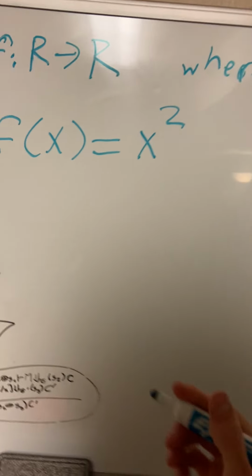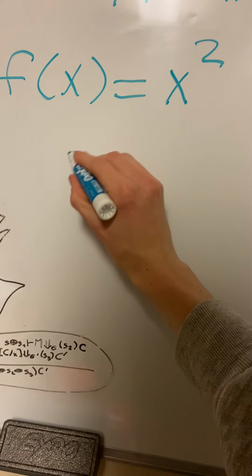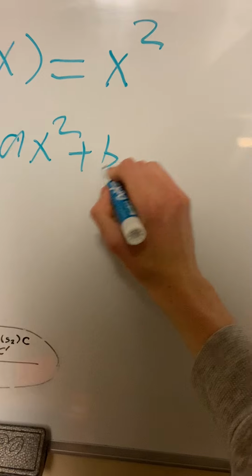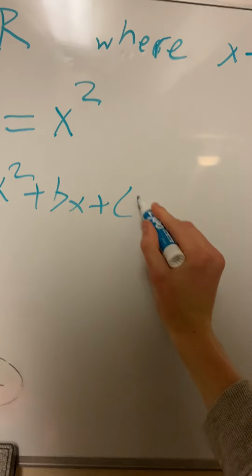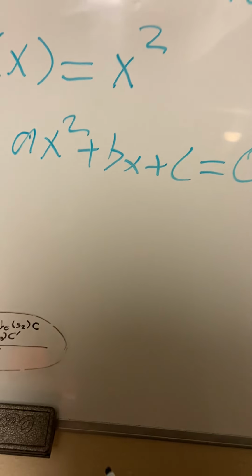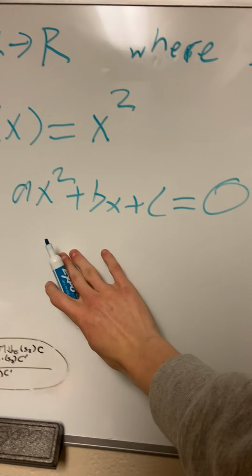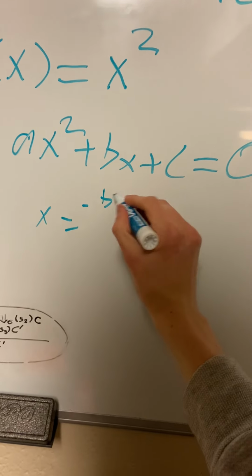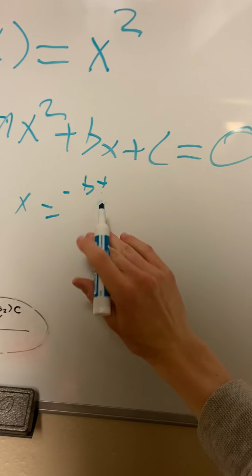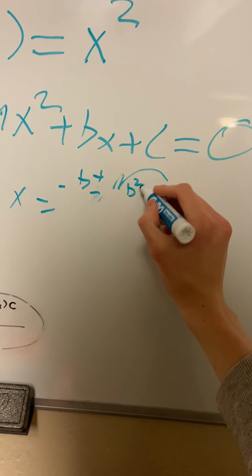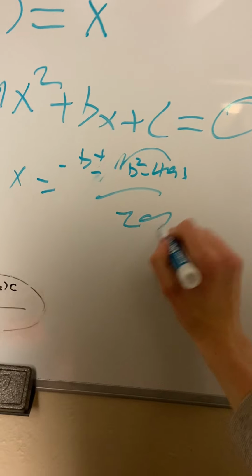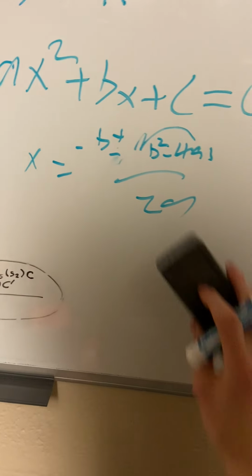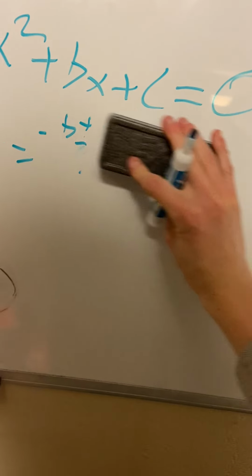For example, with polynomials, given ax squared plus bx plus c equals 0, we can solve that. We can say x equals negative b plus or minus the square root of b squared minus 4ac, over 2a. Whatever, that actual thing is not important. So we can do that.